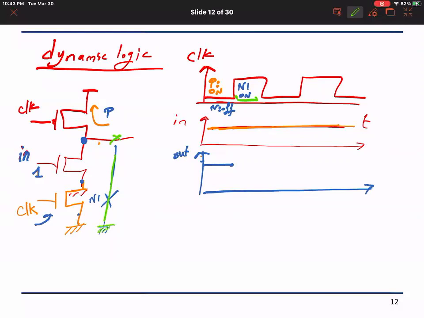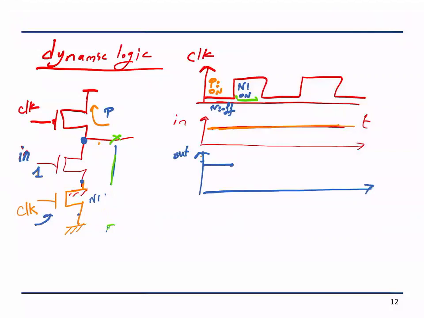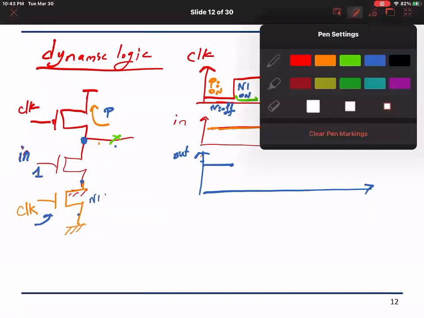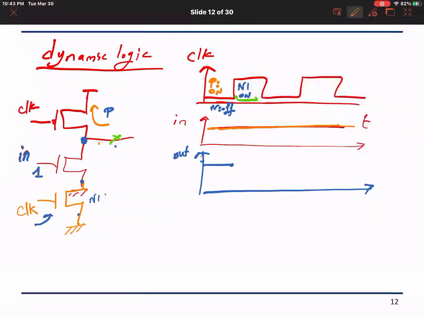Therefore let me repeat it here. The idea is that when the clock is low initially, the PMOS is on, the NMOS is off, and therefore I don't have a path between out and ground, I only have a path between out and VDD.